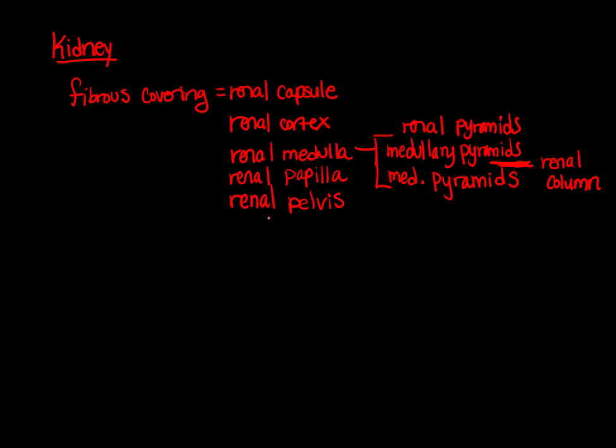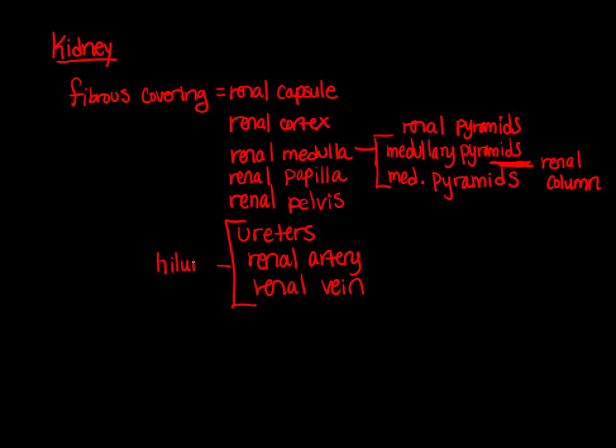Which will be within the renal sinus, which is that area where you'll see the renal pelvis feed urine into the left and right ureters. And where you see the ureters exit, the renal artery enter and the renal vein enter, you will see an indentation that will be the hilum of the kidney, right?